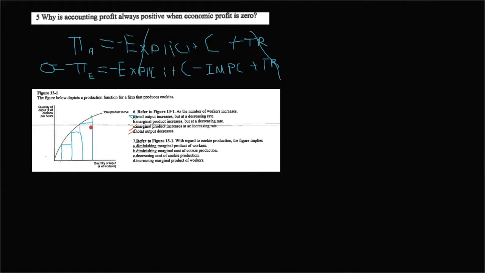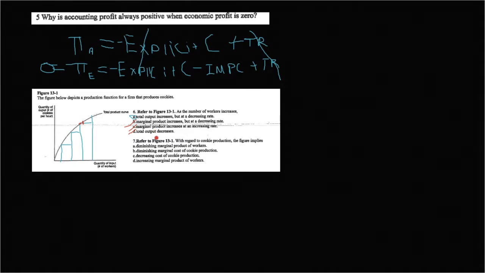Marginal product is not increasing, because this is the product of the next unit. Total output is increasing at a decreasing rate, and that's why these are not correct, but A is.